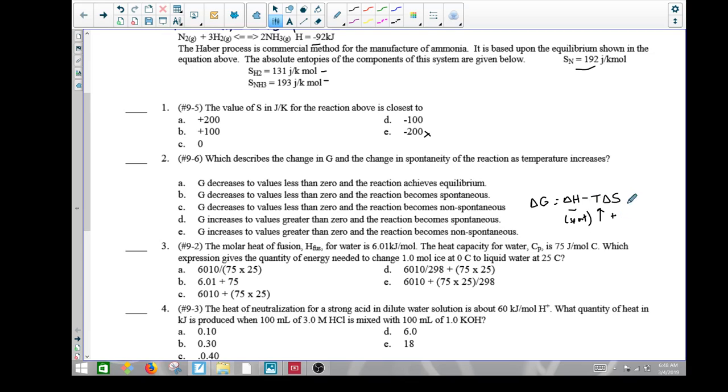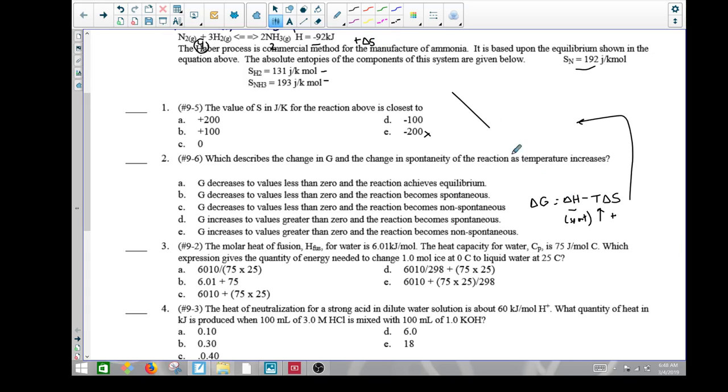Now again, we just calculated it right here, but if this problem wasn't there, you still have to note that these are all gases, and you're going from 4 gas particles down to 2 gas particles. That's less movement, therefore less disorder. We're losing disorder because we're losing movement.